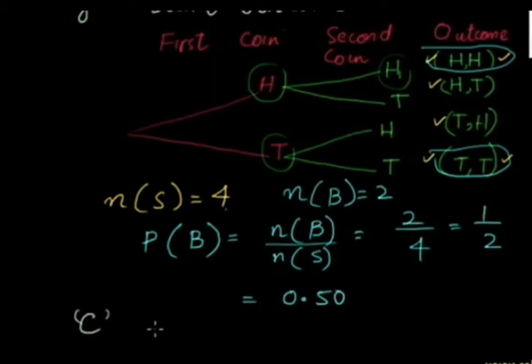If we are taking C as an event that both the results are not same, what will be the probability of C? It can be found using 2 methods.